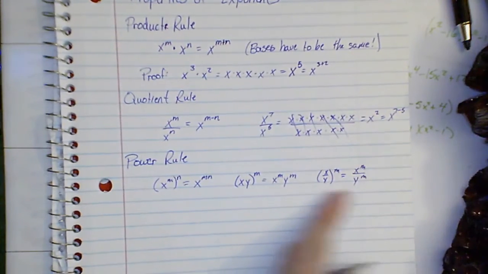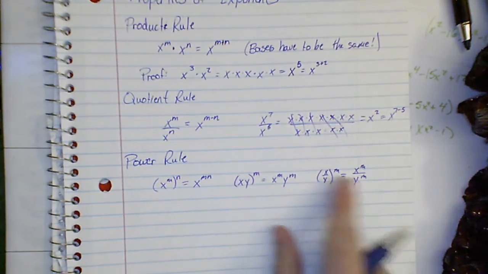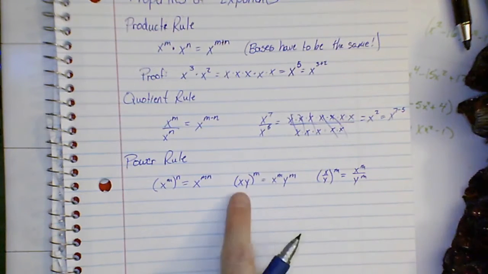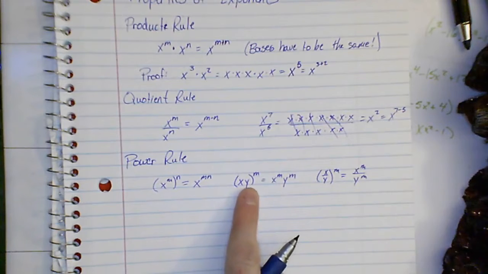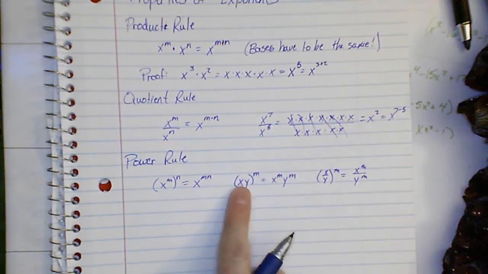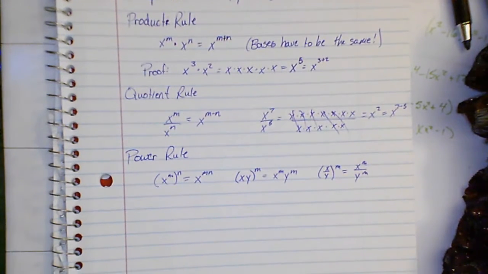You can only distribute the power through if you have multiplication or division. If you are bound by addition or subtraction, meaning x minus y or x plus y to the mth power, you cannot distribute that. If you have division or multiplication, you can go ahead and distribute.